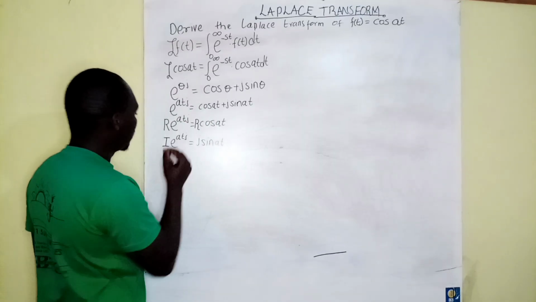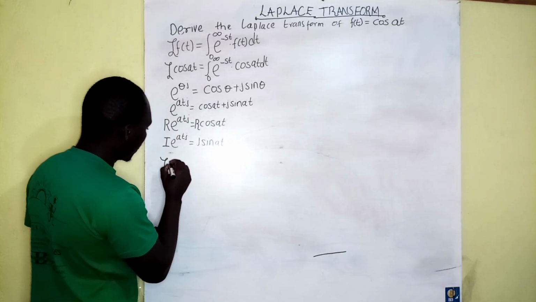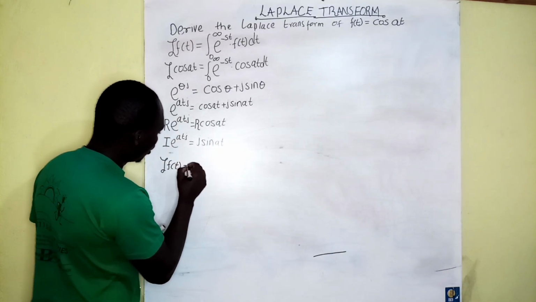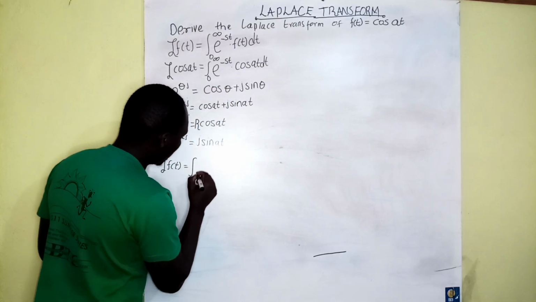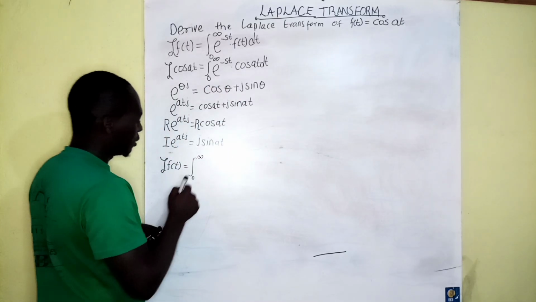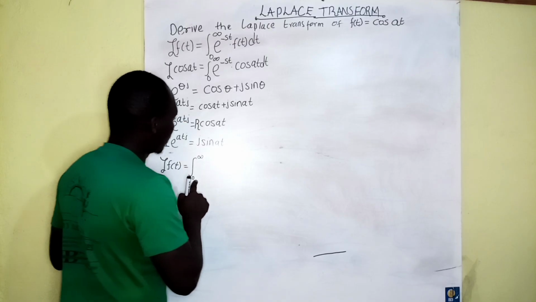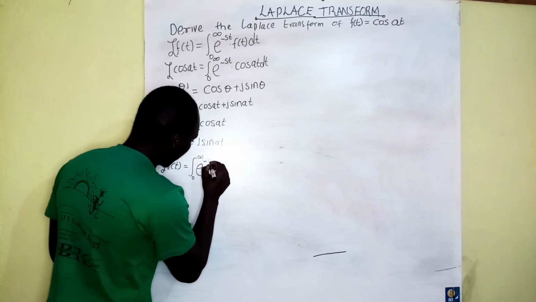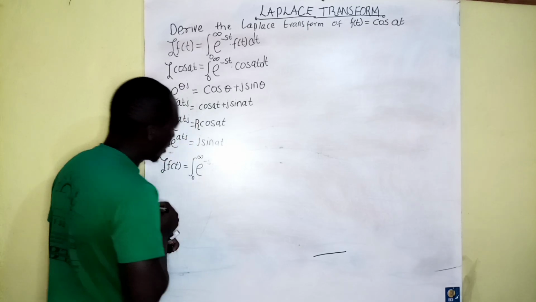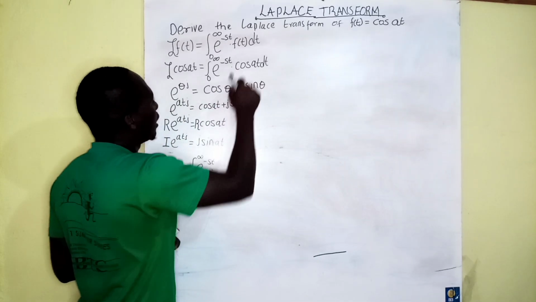We understand that now the Laplace transform of a function f of t is equal to the integration with respect to our limits, the upper limit and the lower limit, of exponential negative st multiplied by cos at.